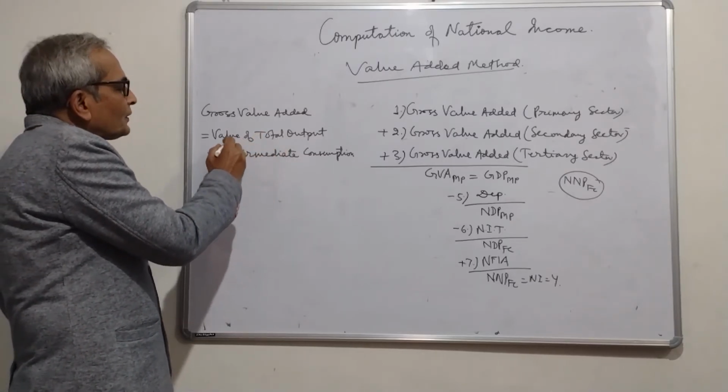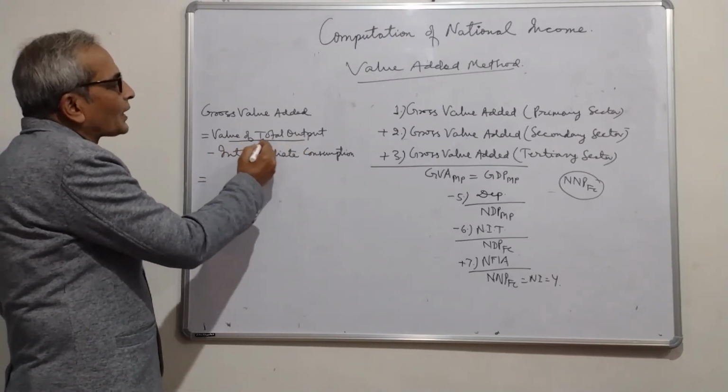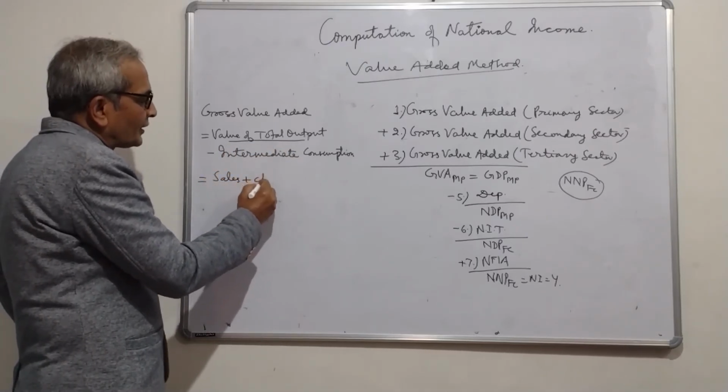Now, to find gross value added, we need these two items. If value of total output is not given, then instead of value of total output, we have sales plus change in stock.